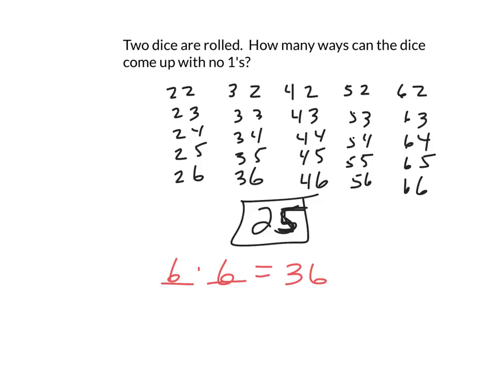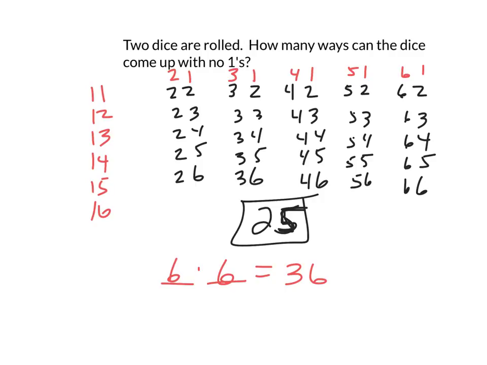Yeah, there's 11 ways of getting a 1. What are all the ways I could get a 1? Well, I could get a 1-1, a 1-2, a 1-3, a 1-4, a 1-5, or a 1-6. So there's 6 ways. But here, if I rolled a 2 first, I could have got a 1 second, that's 7. 3 first, 1 second, 8. 4, 1, 9. 5, 1, 10. 6, 1 is 11.